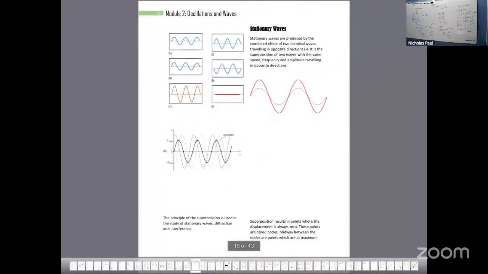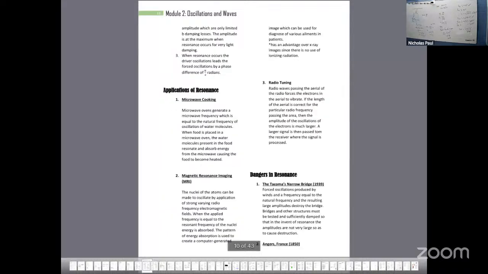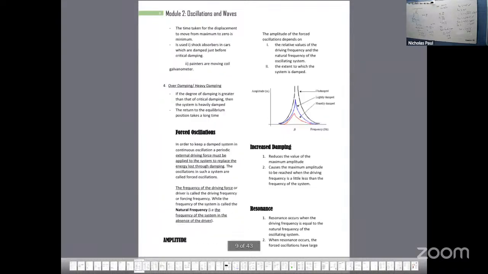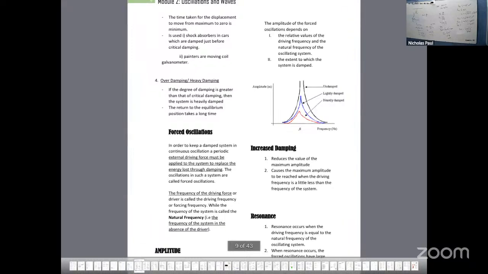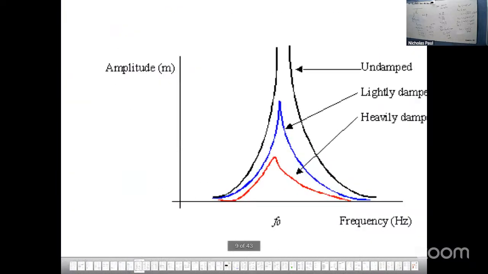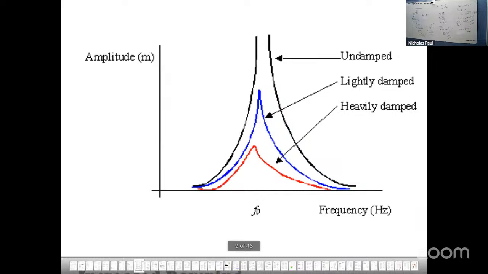There's a graph that we have to learn, right? So if I give you a system, and I ask you to plot amplitude versus frequency of systems that are damped at different levels, the graph will look like that. Right? I have a question.